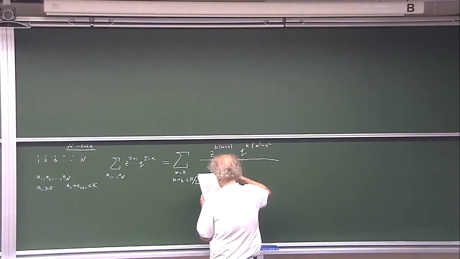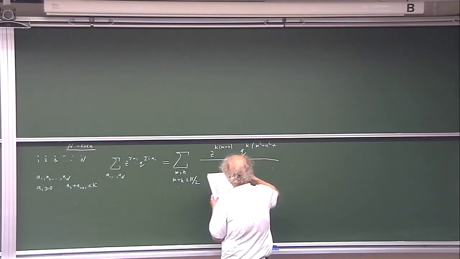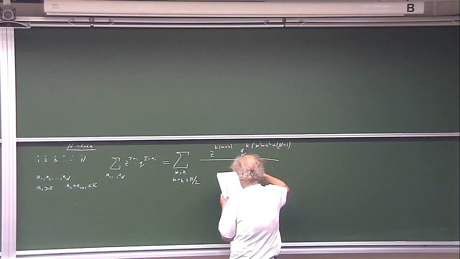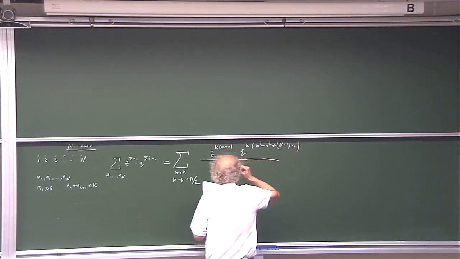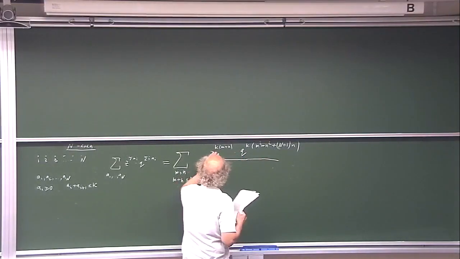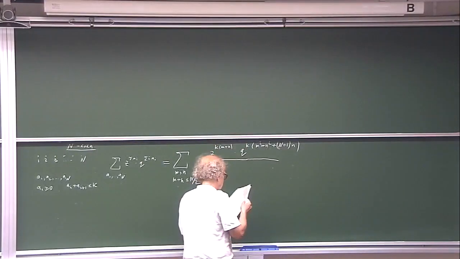How it is written, first of all, like this, and here n plus 1 times n. And as usual in such kind of formulas, parameter k is only here.